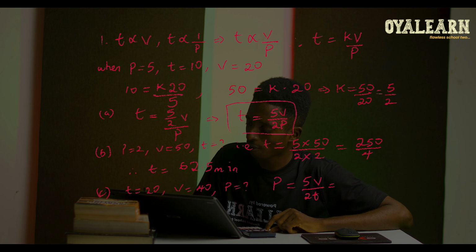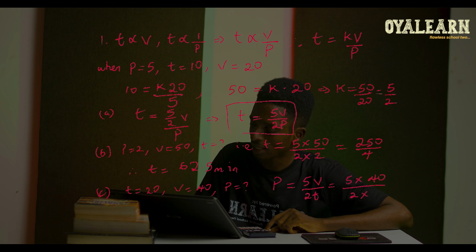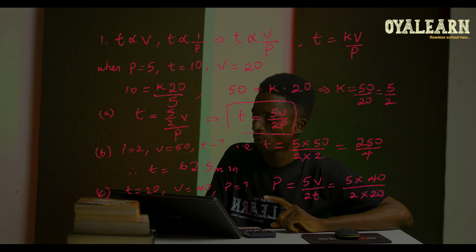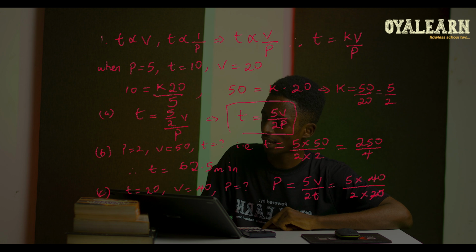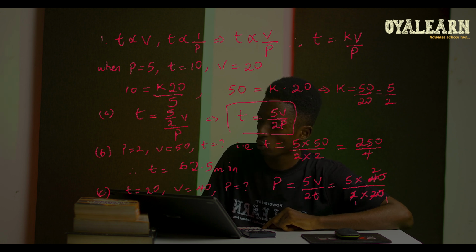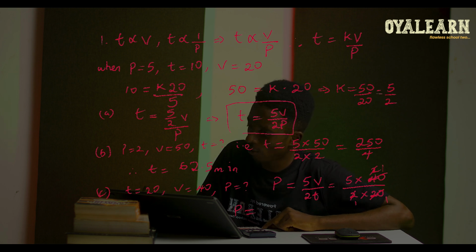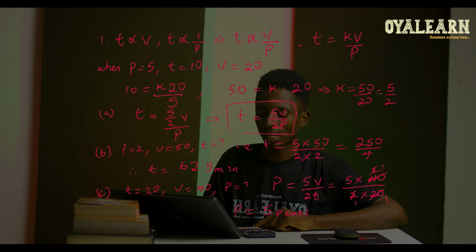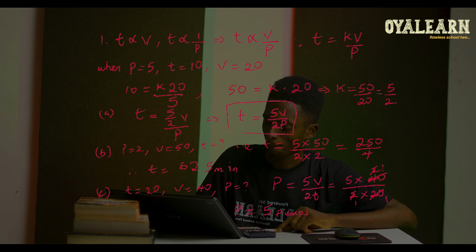Therefore, we would have 5 multiplied by V, which is 40, divided by 2 multiplied by T, which is 20. Now we can divide this straight because 20 here goes once, 20 here twice. And then 20 is 1, 2 is 1, 2 is 1, leaving P to equal 5 times 1, which is 5. So 5 pumps.